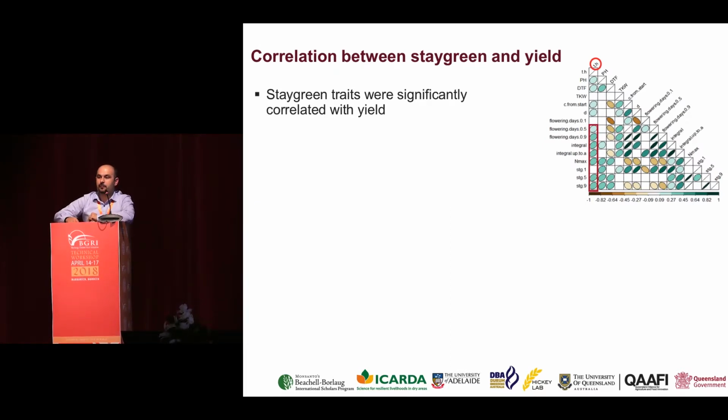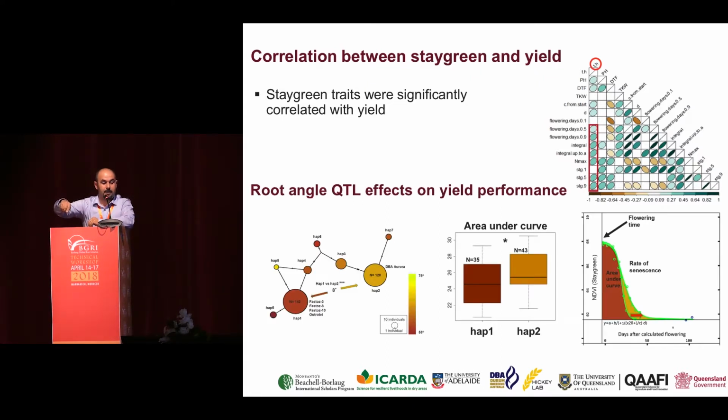The key result from this really hard work, where each time you walk like 12 or 15 kilometers, was that stay-green traits were significantly correlated with yield. Then we wanted to see if the root angle QTL has any effect on yield performance under drought conditions. Comparing individuals that carry haplotype 1 with those that carry haplotype 2, there was a significant difference in the area under the curve.